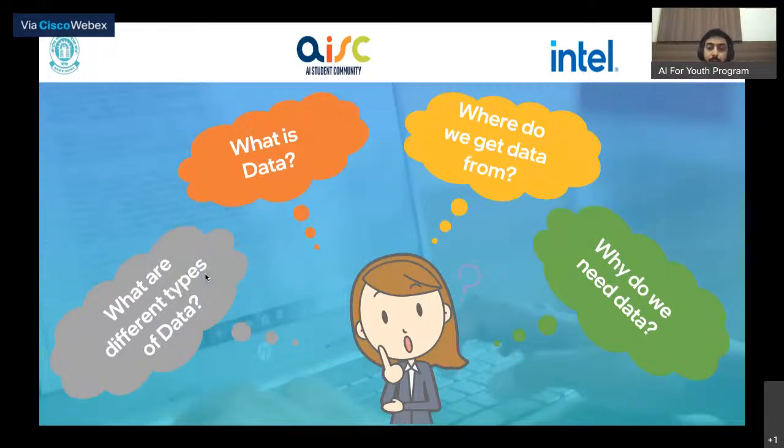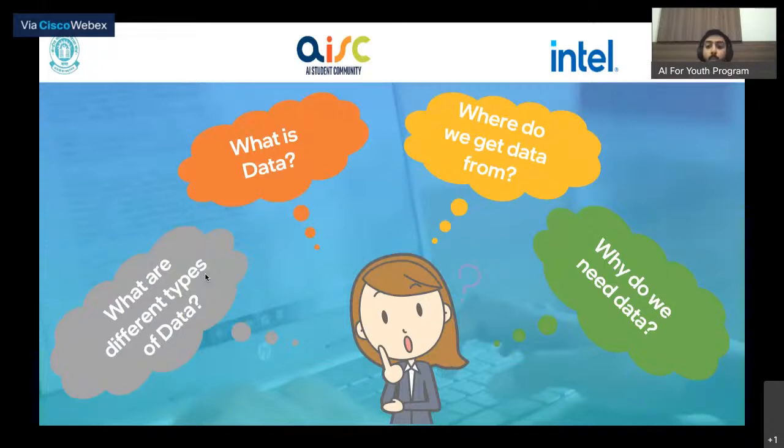So if we take our own example, we learn a lot of things, and the information that we get to learn about the different aspects of our life, or maybe in school also, that is information to us, and that information is data. Similarly, for a machine to become artificially intelligent, it needs data. So it needs the information to learn from it and do the task that we intend it to do, right?